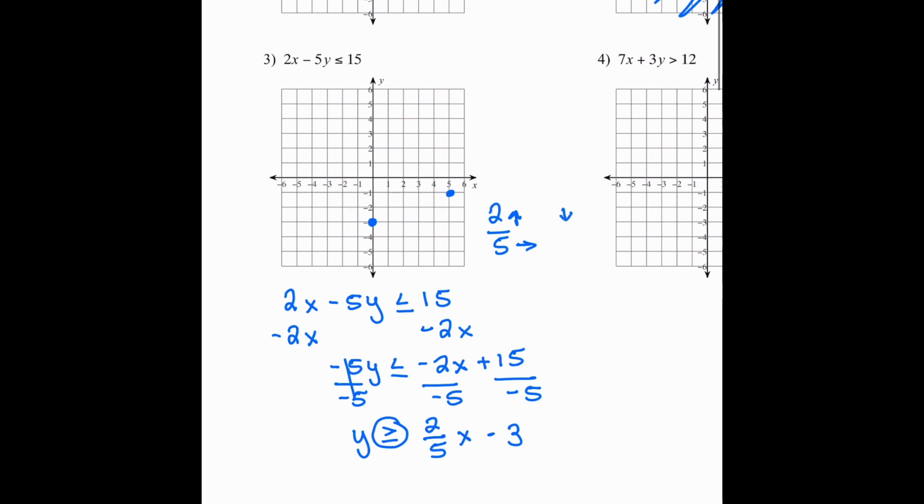Or I can go down and to the left. Because my inequality has a line under it, my boundary line is solid. And after I flip, the sign is facing towards the y, which means that y needs to be greater. So I'm going to shade above the line.